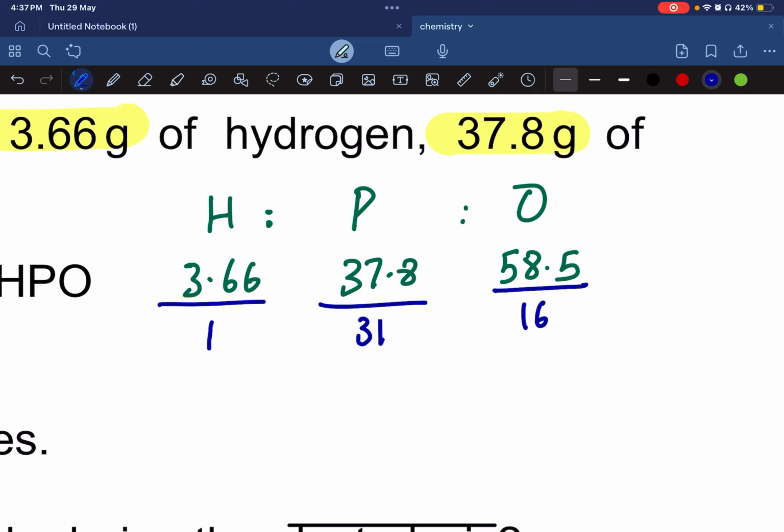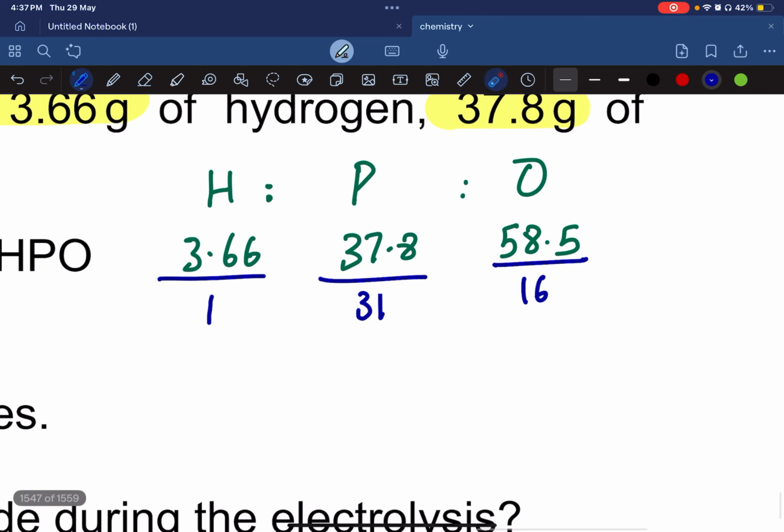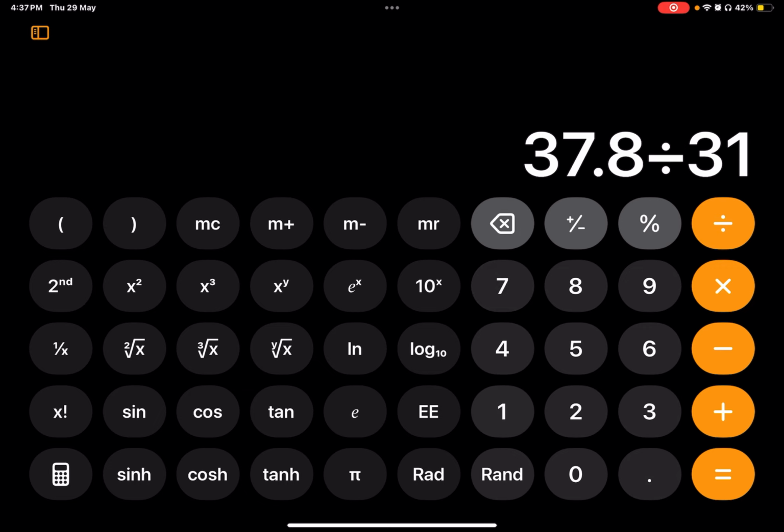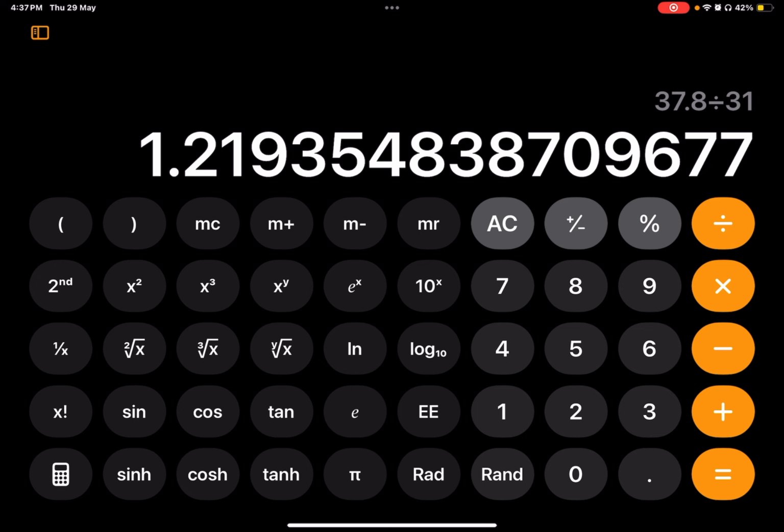I guess when you have enough practice of chemistry, you don't need to look at the periodic table for some things because they're so repetitive. This comes out to be 3.66. Then 37.8 divided by 31 gives me 1.2.